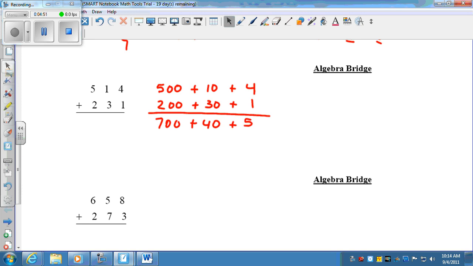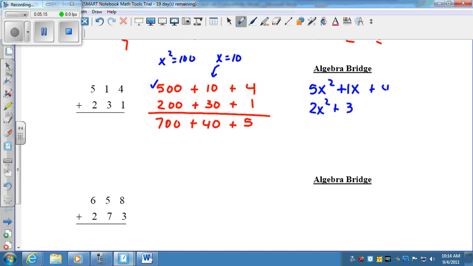Changing this into algebra, let's bridge from what we know into algebra. Recall, x squared is 100. So if I have 500, I must have 5x squared. x is 10. I have a 10, so I have 1x. And we can put a 1 there, plus 4. In the second row, 200 is 2x squared, 3 tens, and a 1.